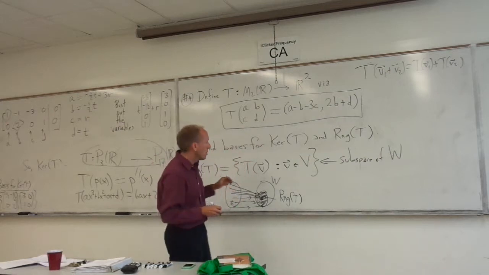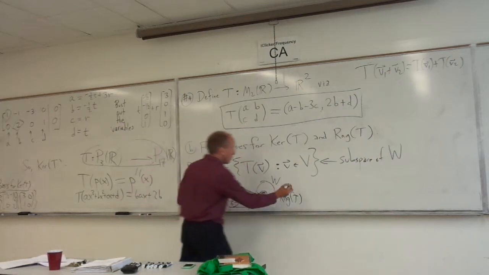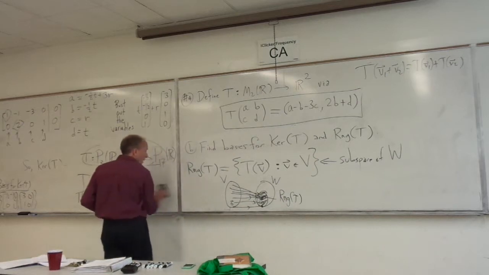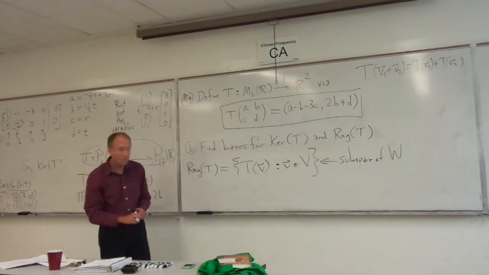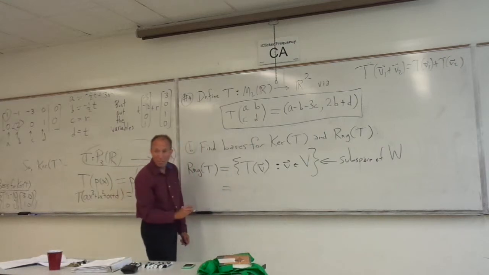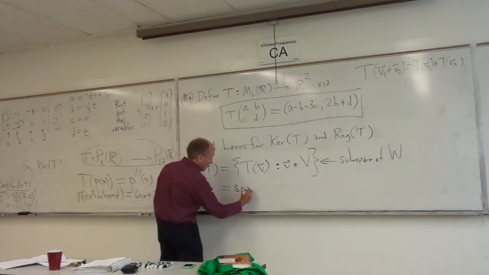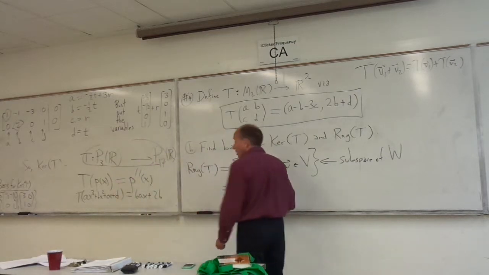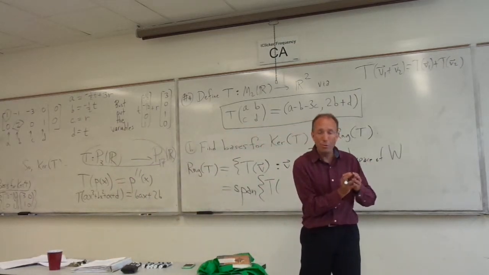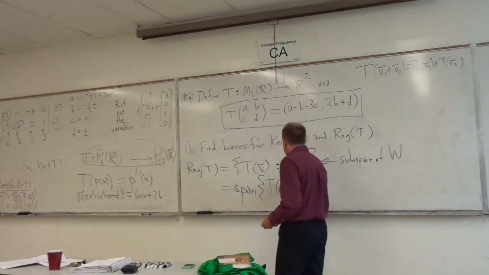So the more traditional approach, the thing that we usually do when we're trying to find the range of T, if you remember, it's simply the span of, this is how you're going to do it. If I actually ask you to do a calculation of the range of T, this is how you're going to do it.